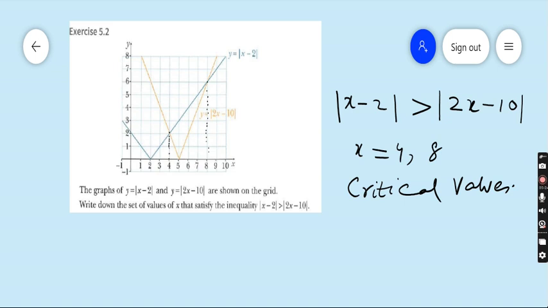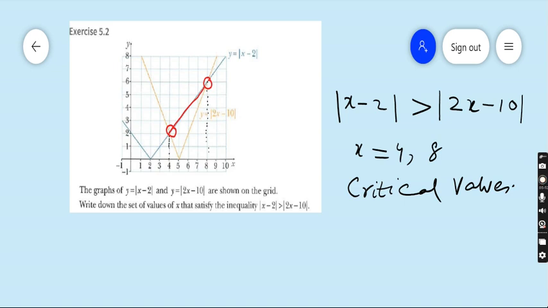One is this part and one is this part. From this point to this point, I am showing with a red line. This is the part where the graph is above the graph of 2x minus 10, or you can say this line is above the yellow line.